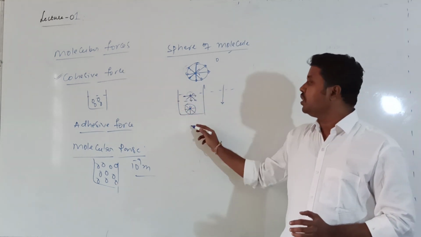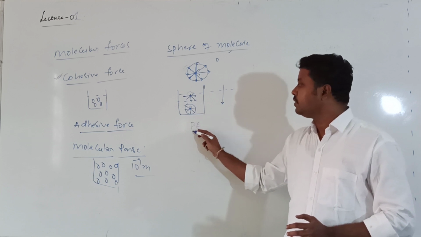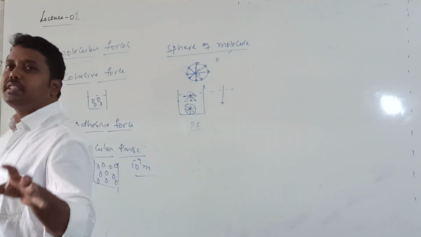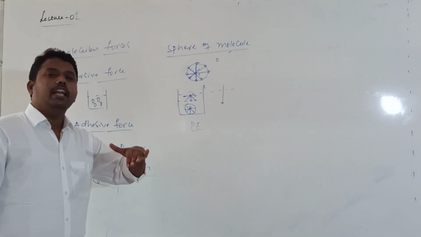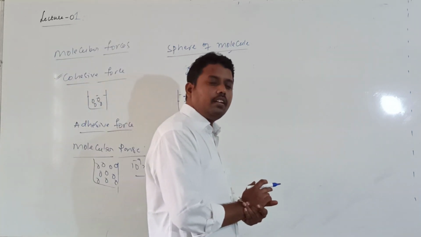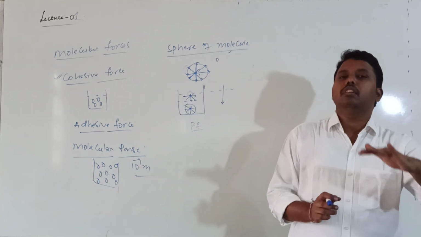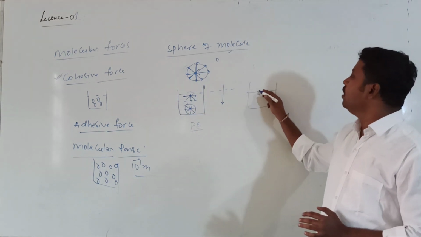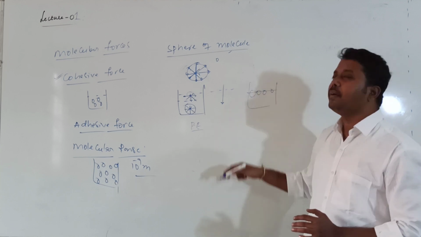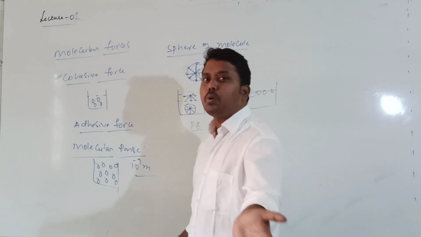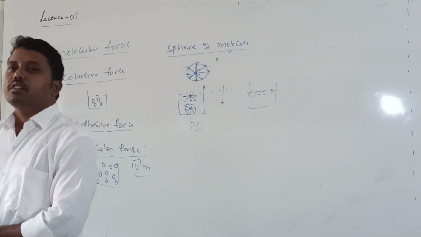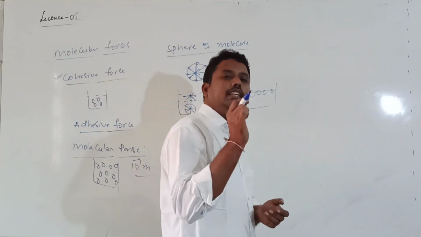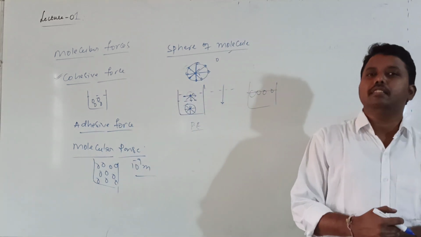That work done is stored in the form of potential energy. So molecules on the surface have more potential energy. Whenever the number of molecules on the surface increases, as I pull more and more molecules to the surface, the liquid will possess more potential energy. You know that for a system to be stable, its energy should be less.